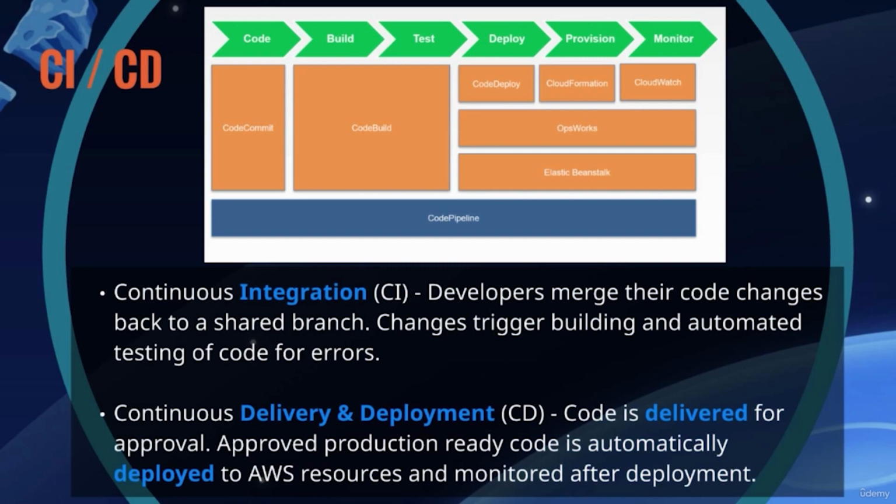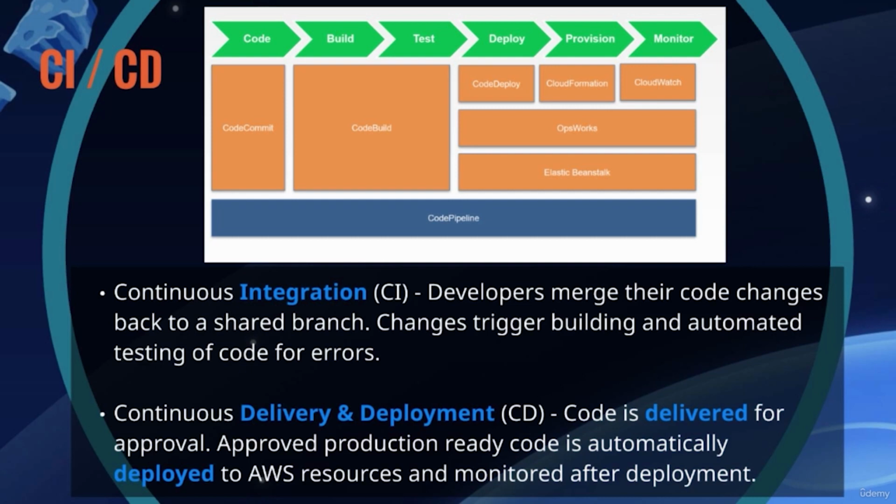Another term that you will hear a lot is CI/CD. Continuous integration. You may have many developers working on the same code, and this will allow those developers to merge their code changes and commit those code changes back to a shared branch. And when those code changes occur, that can trigger the building and automated testing of code for errors.